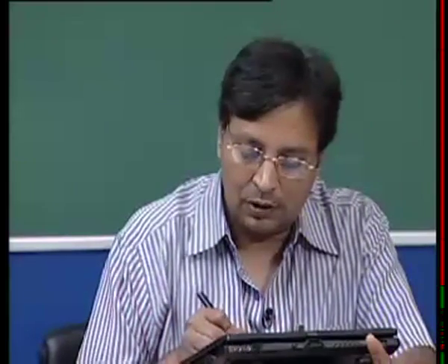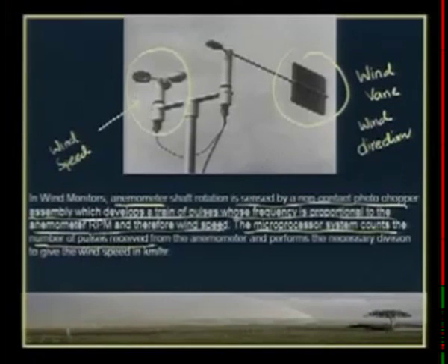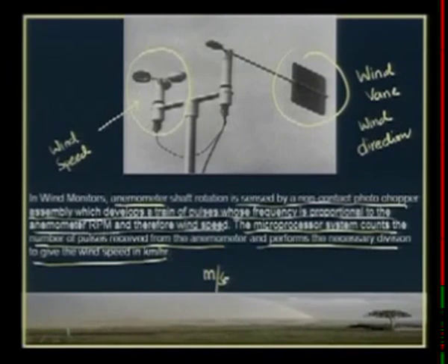The microprocessor system counts the number of pulses received from the anemometer and performs the necessary division to give the wind speed in kilometers per hour. Mostly the units for wind speed measurements are either meters per second or kilometers per hour.